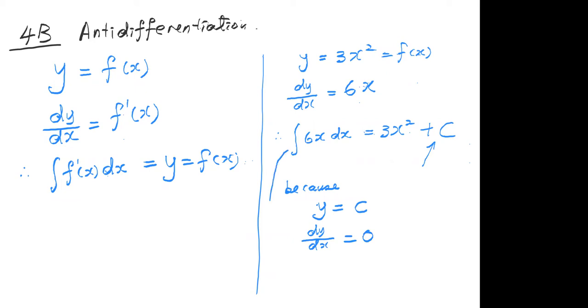So this one, I can view as 6x plus 0. Do I change the value of 6x? No. So when you have a plus and minus for integration, you can say this is a two-part.